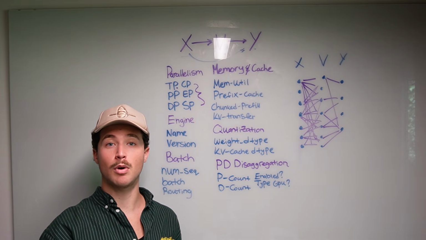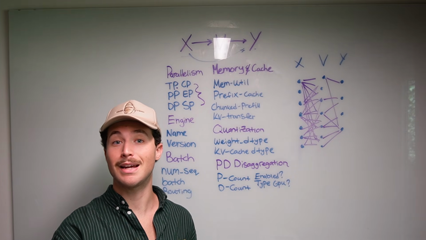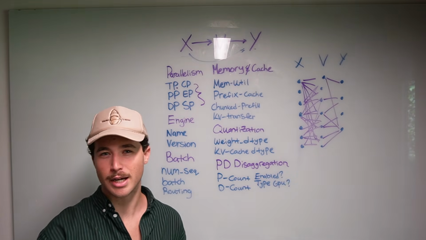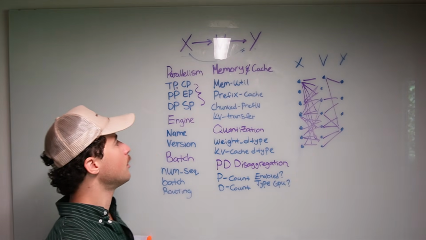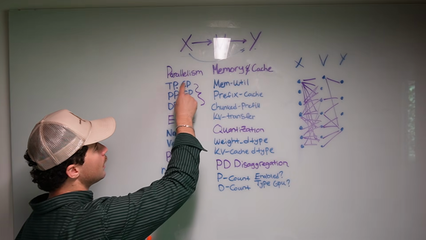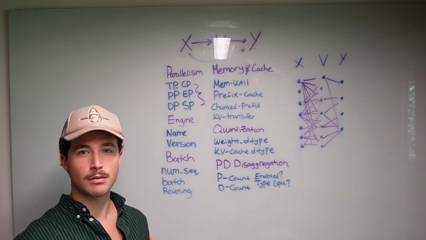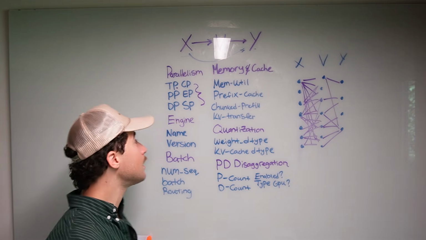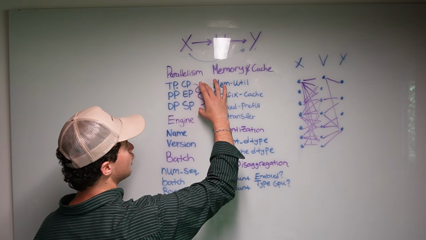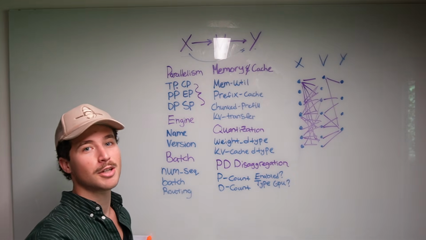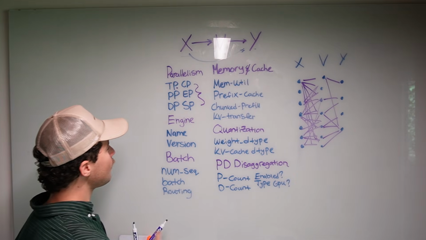You can have TP1, TP2, TP4, TP8. Usually 8 is the max, right? Because you want to stay in a single node. But that applies to every single one of the 6. So now if you think about all the permutations and combinations that you could make, just inside the parallelism column, that's already much, much more than 6, right?